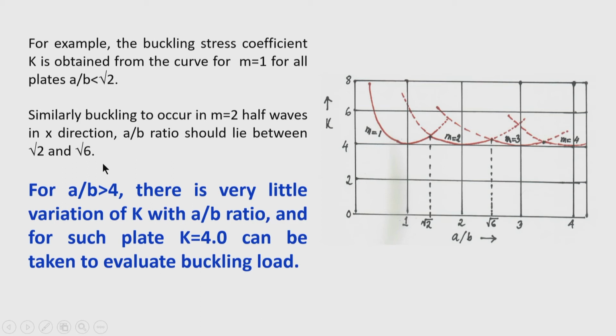Now, one thing you should note is that the number of half waves that we have taken in y direction is always 1 for this condition, that is, the boundary condition is that all edges are simply supported and the plate is compressed in the direction of length. So, when this condition is valid, we get one half wave in y direction.